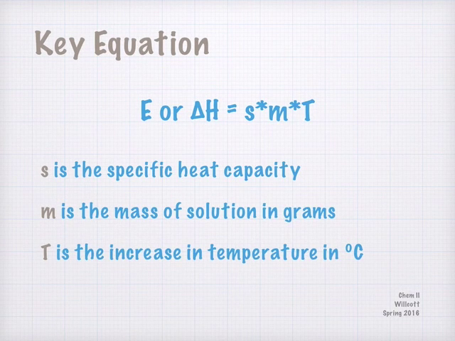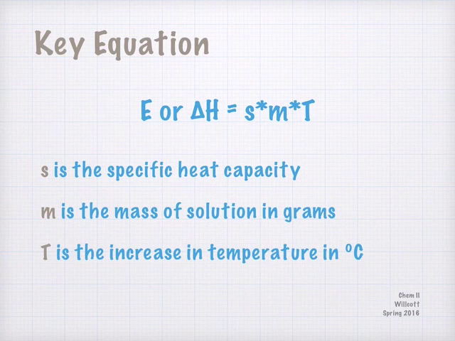Now here I've introduced S, which is another letter for specific heat capacity. I put it here so that we have a chance to review again that you're not going to find consistency in the letters, unfortunately. So bear in mind that you may see C there instead of S. M would be the mass of the solution in grams, and T would be the change in temperature in degrees Celsius.